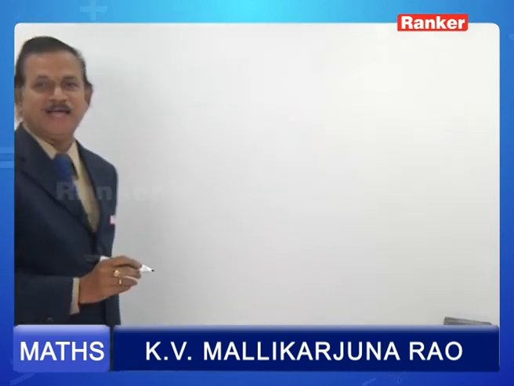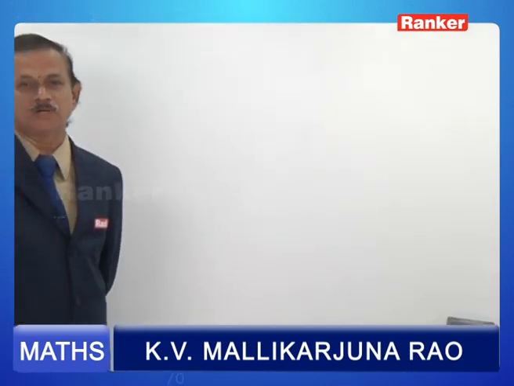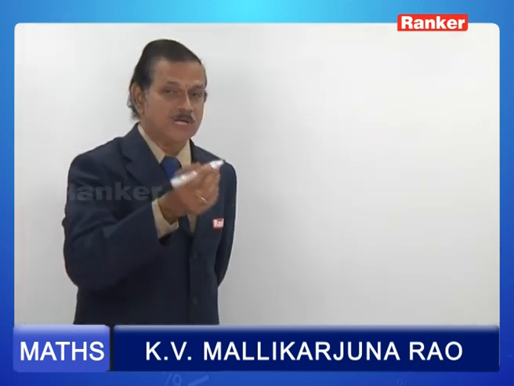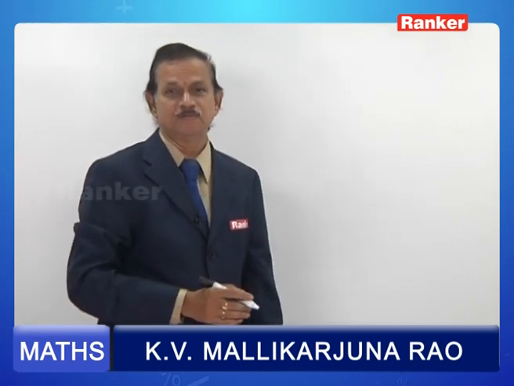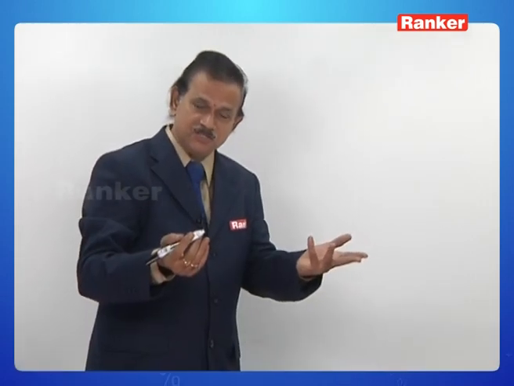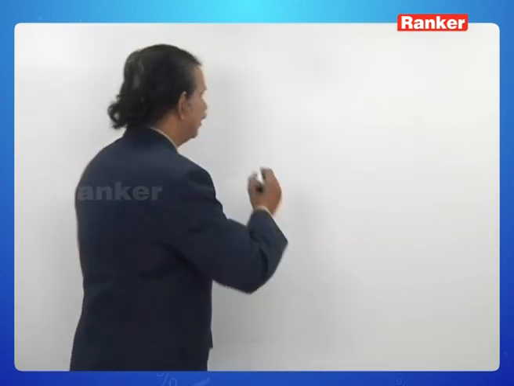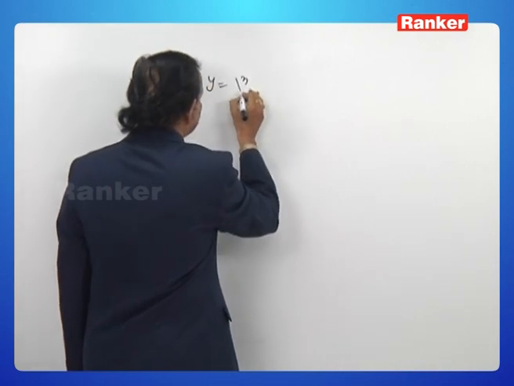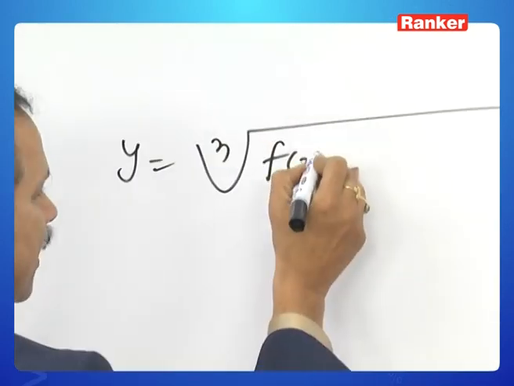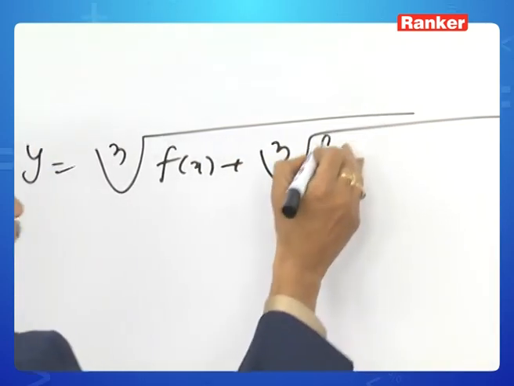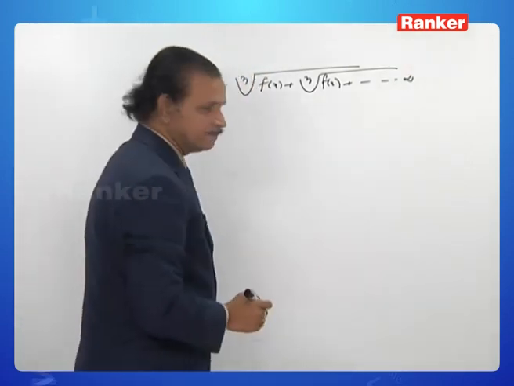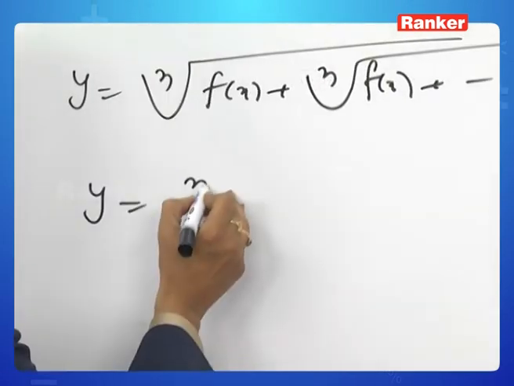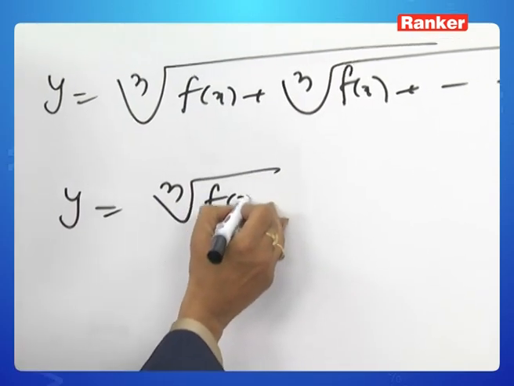In the previous model, we have y is equal to root of. If you have cube root of, or fourth root of, in that situation, what should you do? Very simple. Let us have one such structure. Y is equal to nth root of f of x plus nth root of f of x plus nth root of etc. In this case, we have y is equal to nth root of f of x plus y.